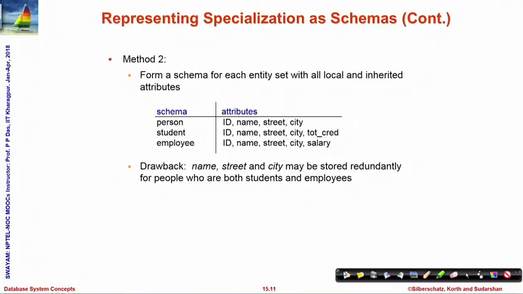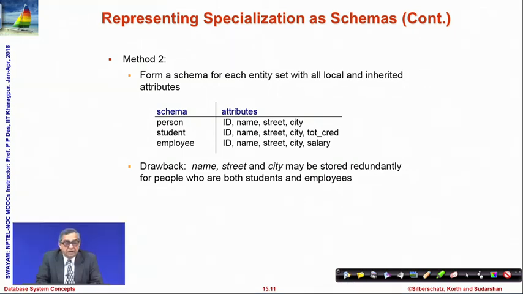The information of the common attributes name, street, city, etc., will occur in both these tables in the design. So, these are two methods, and we have just given you their relative advantages, and based on a particular situation you will have to choose what is a good method to represent.